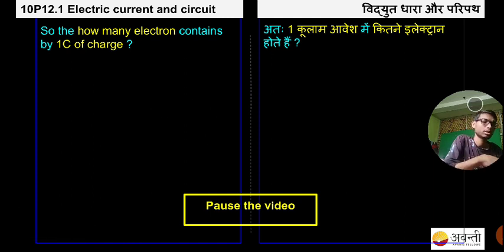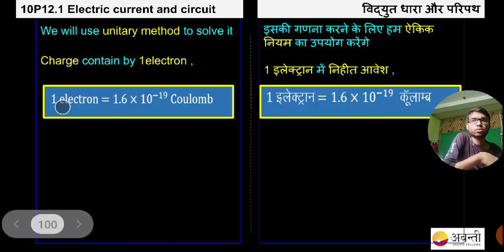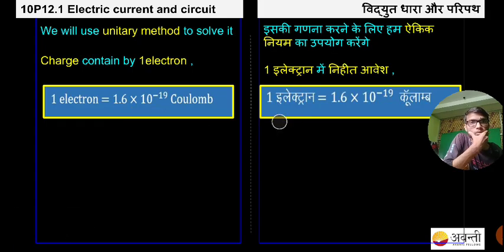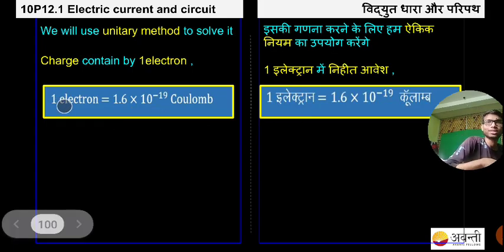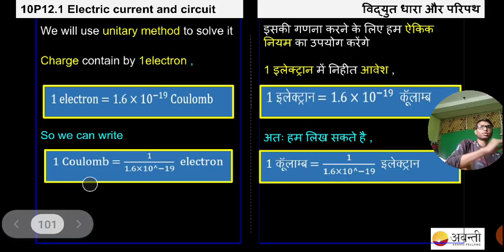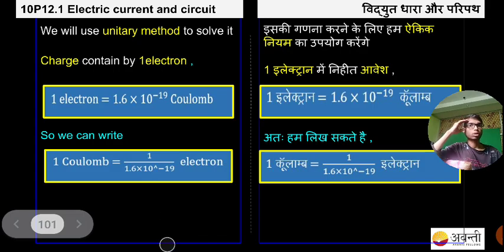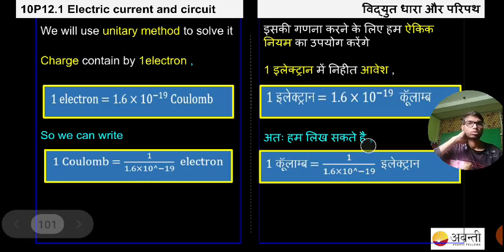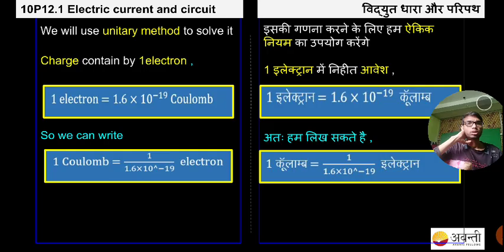How many? For this, 1 electron is this much. Yes, we know 1 electron is this much. So to solve it, 1 coulomb is equal to 1 upon Q, so Q upon this coulomb. So it will give us what? Electrons. It will give us electrons.